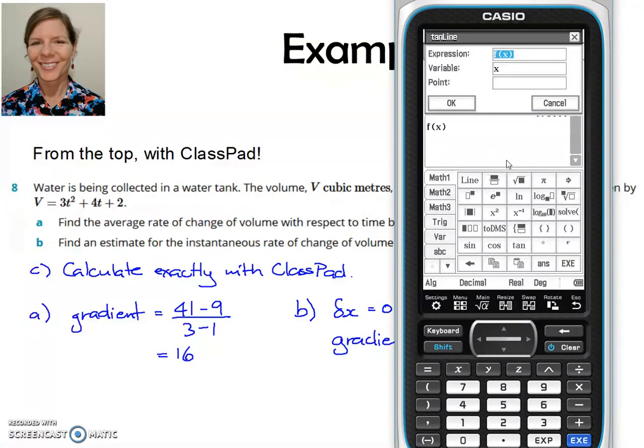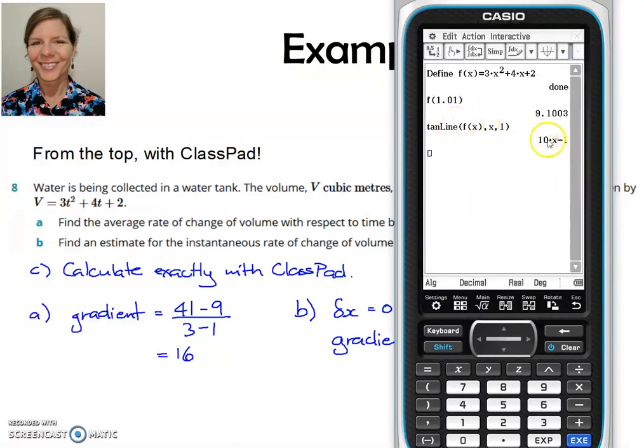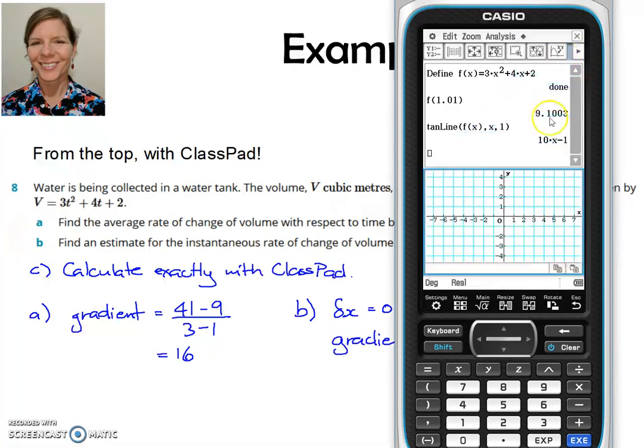Because that is the definition of our gradient, our instantaneous rate of change, and we want that at the point 1 because we're interested in the rate of change when x equals 1. It tells me that the equation of that line is 10x plus 1. And of course, if the equation of that line is 10x plus 1, then the gradient is 10, which is what we thought.